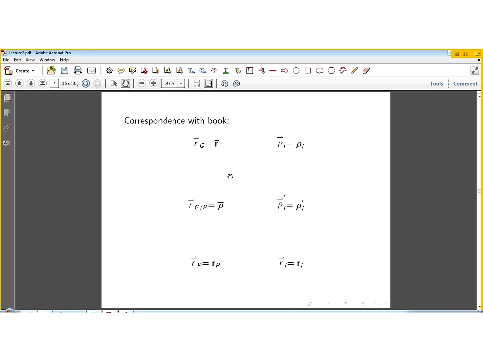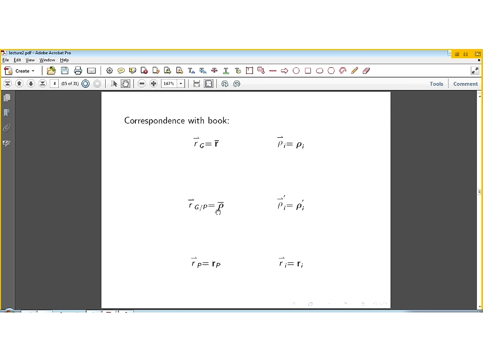Now the position vector, let's go to the top left. The position vector of the center of mass is given by R sub G. It's of course a bold R with a bar overhead in the handbook. The position vector of the center of mass relative to the arbitrary point is given by R G/P in the supplementary notes.